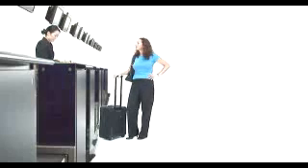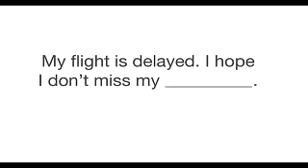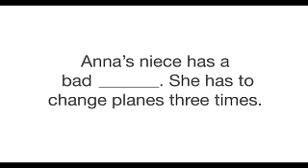Well, now it's your turn to practice what you've learnt today. Can you fill in the missing word here? Here's a hint. The word we're looking for means to change planes. I hope I don't miss my connection. Can you remember what we call this? Flight 244 to Hawaii is boarding at gate 65. That's right, it's a boarding announcement. So what about this?